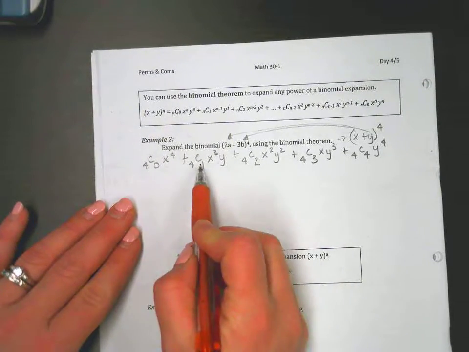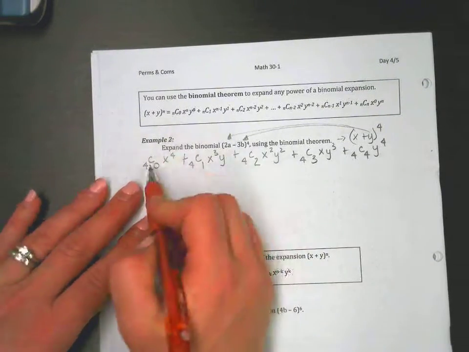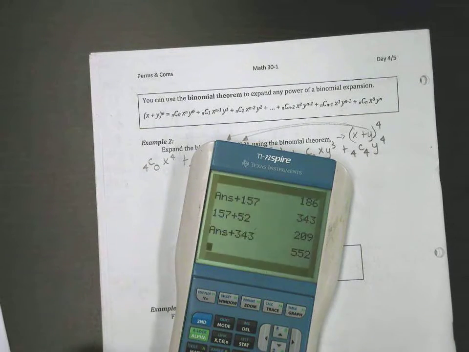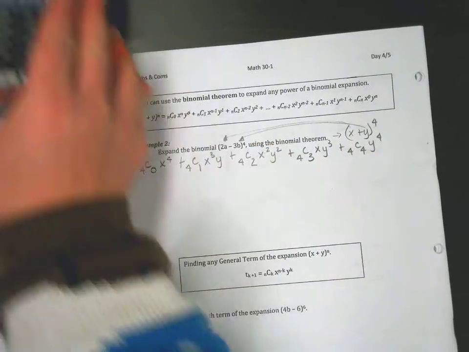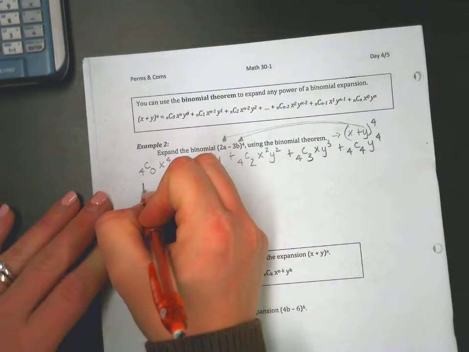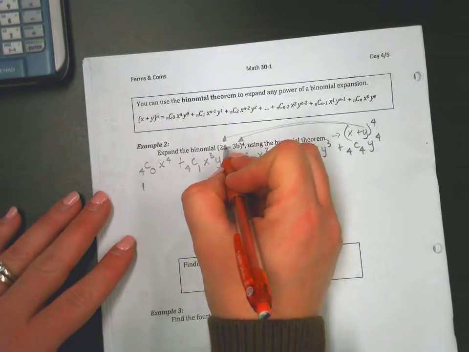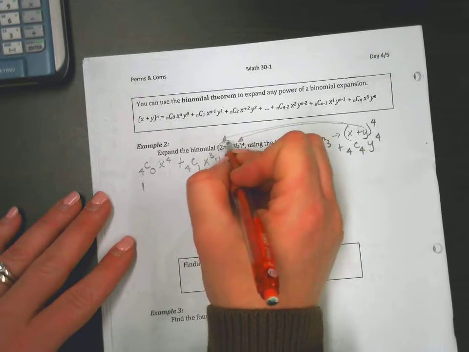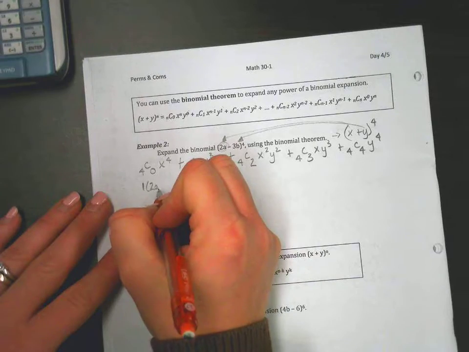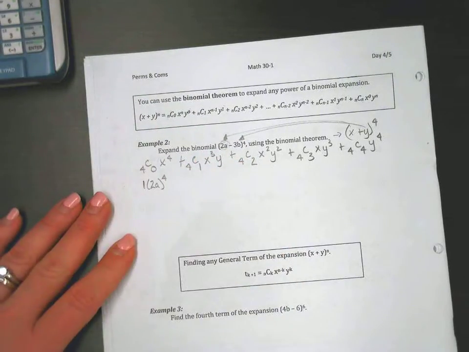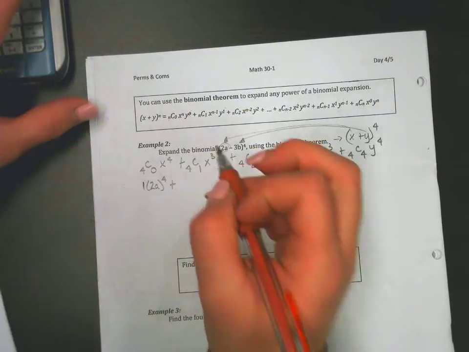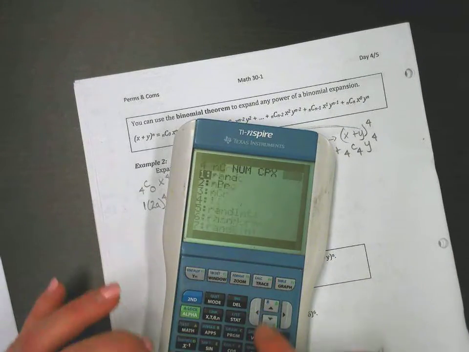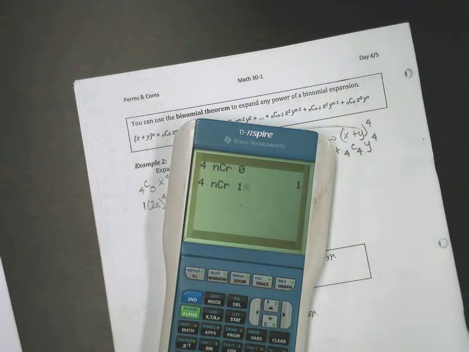So at the same time, we're going to evaluate these combination values. So on your calculator, 4 combination 0 is 1. So this is 1. I'm now going to replace my x value with its actual value, which is 2a, and I'm going to take that to the power of 4. Plus 4 combination 1, well, if we evaluate that on our calculators, if you don't know it, it should be 4.